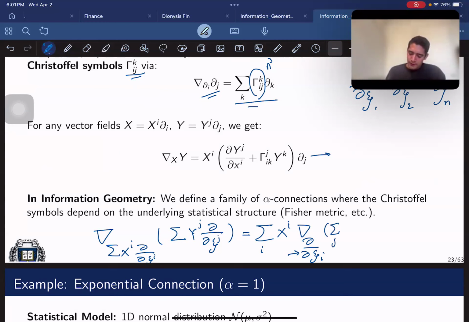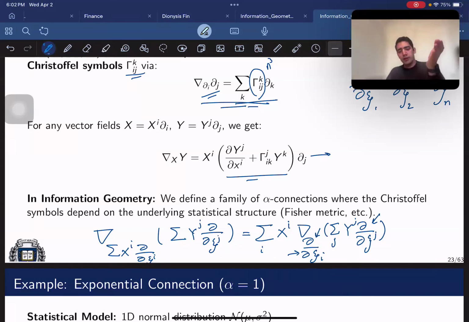Everything else the same. Now, because of the linearity condition of the second thing, we can drive yj outside, and also using the definition of affine connection on the basis to another basis, we get exactly this derivation, which is how much vector field y changes if I move along the vector field x.